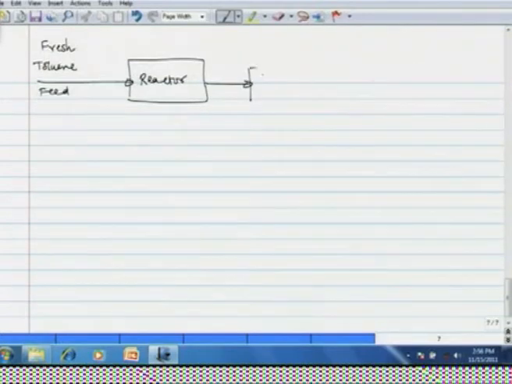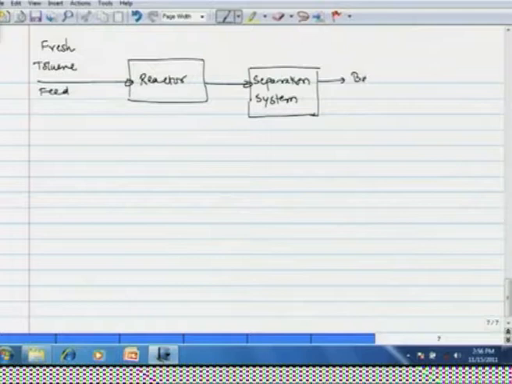The reactor effluent goes into a separation system where benzene and diphenyl are produced and the unreacted toluene is sent back to the process.